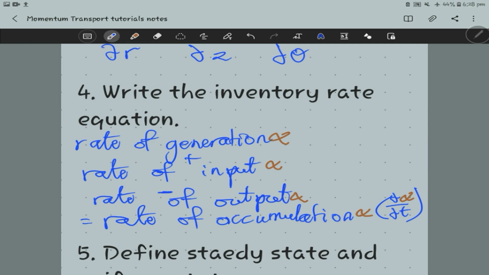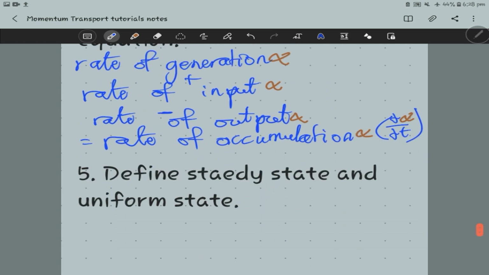All right. Okay, so now we are defining the steady state and the uniform state in words, right? So we say, this is basically describing a system. So let's do it step by step. So let's say a system, or a quantity. Let's say a conserved quantity. You can skip the conserved.